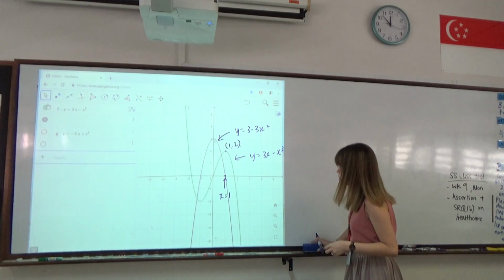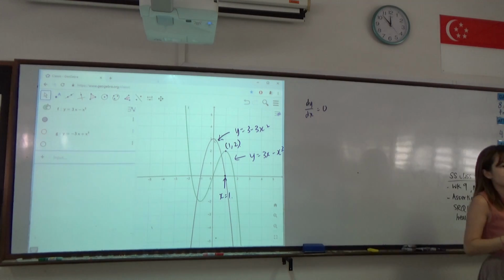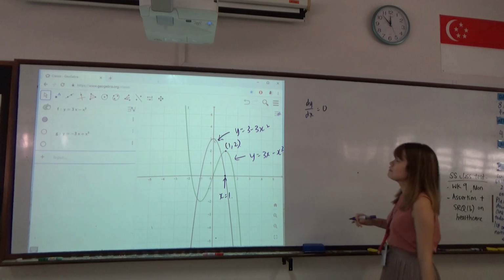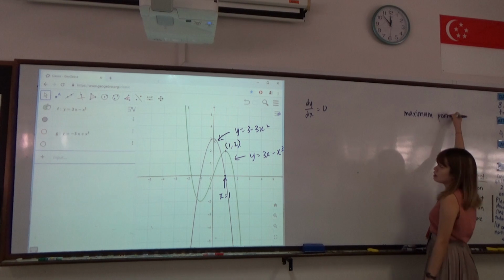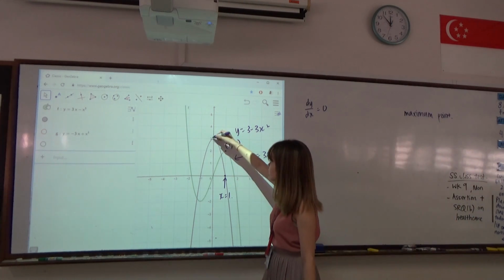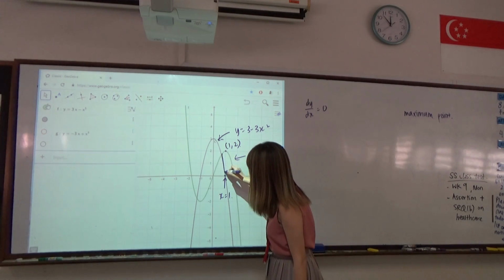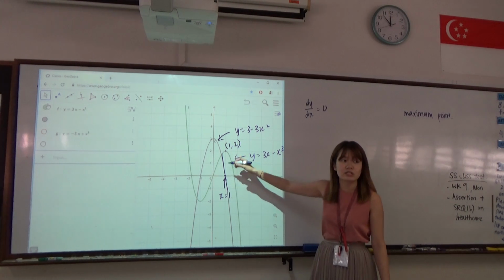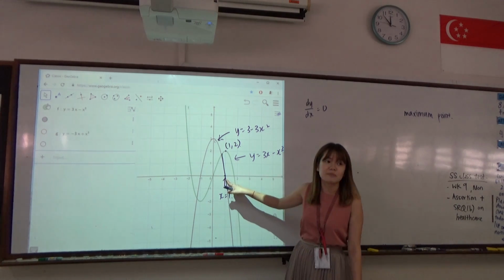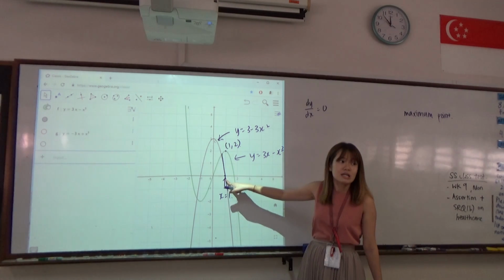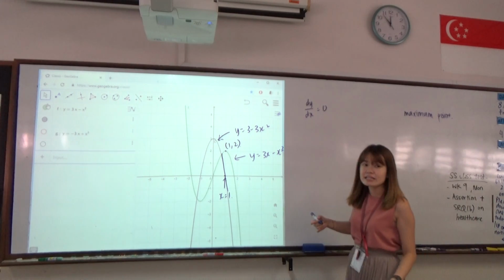If I have a stationary point, we know that dy/dx is equal to 0. And for a maximum point, which we first discussed, when translated onto a dy/dx curve, if I look at the derivative of this dy/dx curve, which is looking at the tangent itself, the tangent on the derivative curve will actually be a negative value. We differentiate the derivative curve again, and that will be your second derivative.